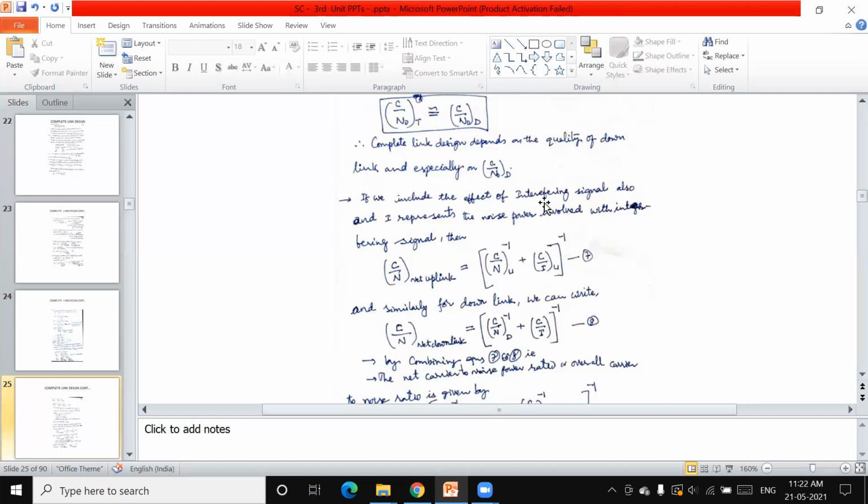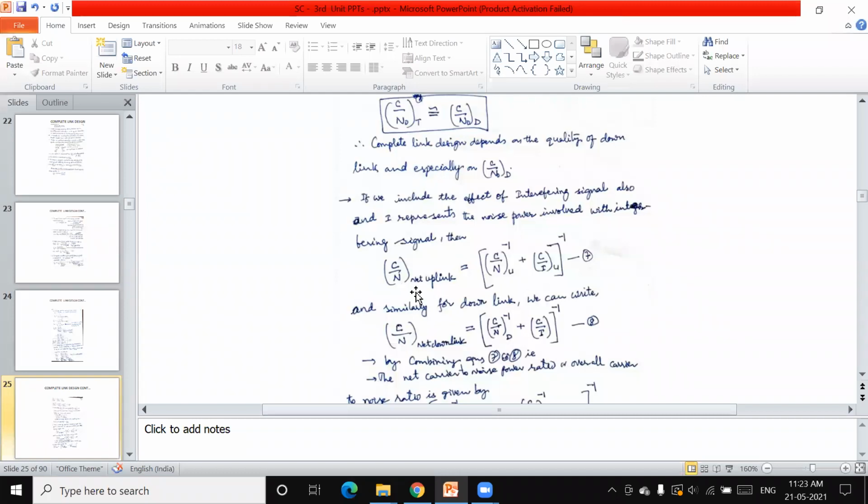Therefore, the carrier to interfering signal noise power is C by I. So C by N uplink inverse plus C by I U inverse. Since we took the inverse here, the whole expression has an inverse. Just this is for the net uplink. Similarly, you can go for the net downlink. It is also the same.